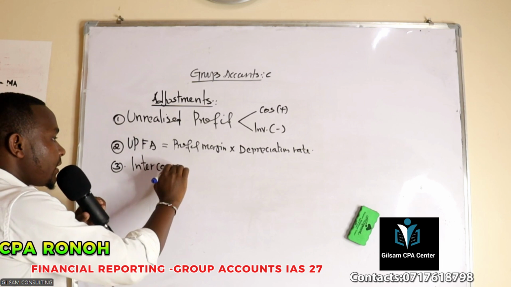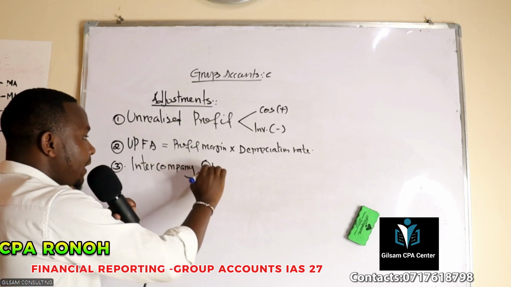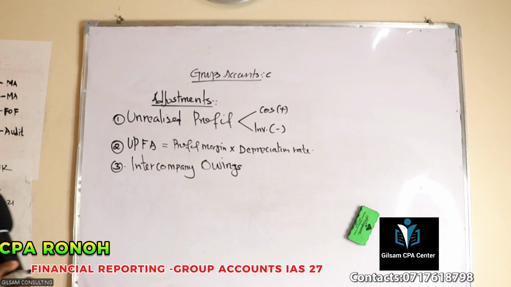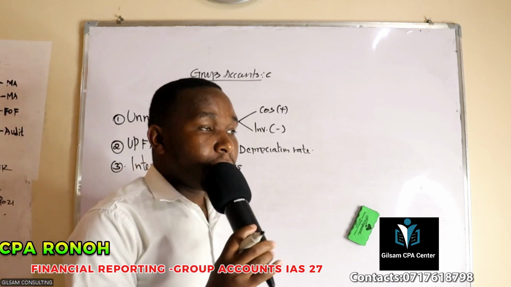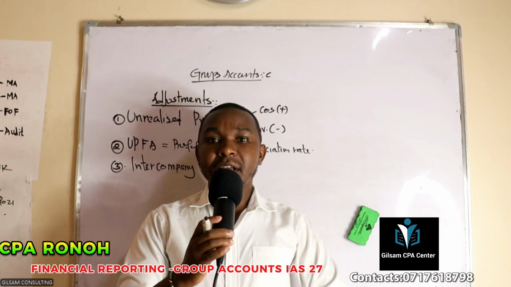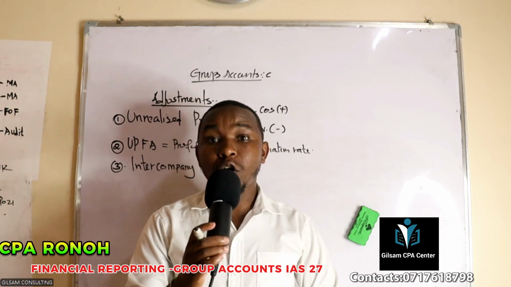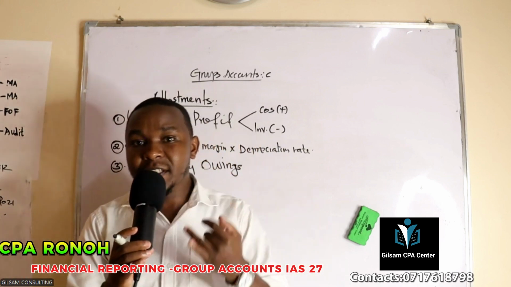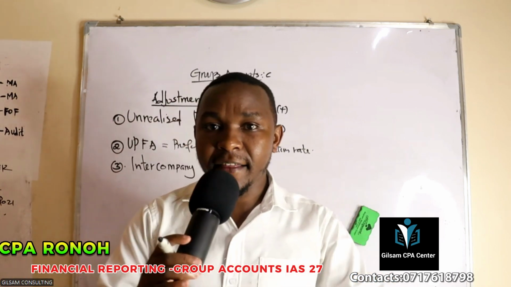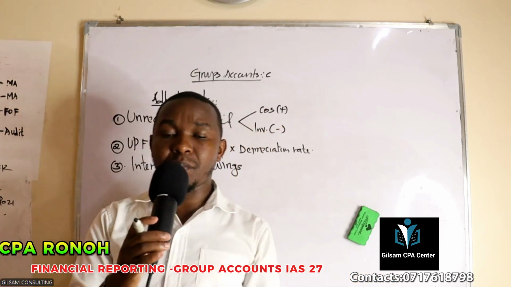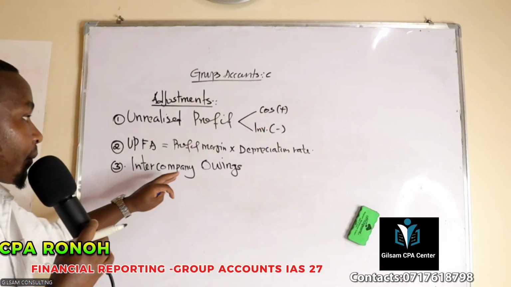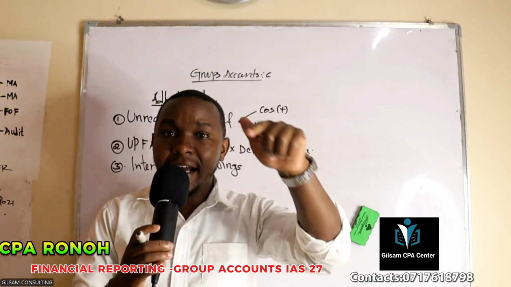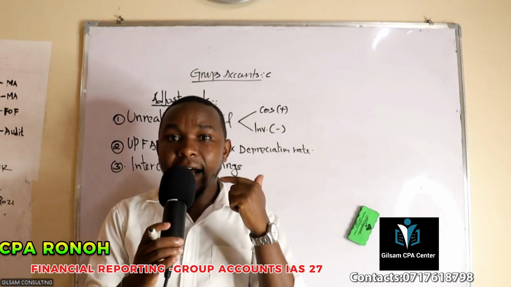Intercompany owings. Remember, when you are in business, you sell goods on credit and also you buy goods on credit. So the parent company and subsidiary company owe each other in terms of receivables and payables. Whatever is there in the parent company as a receivable should be there in the subsidiary company as a payable.